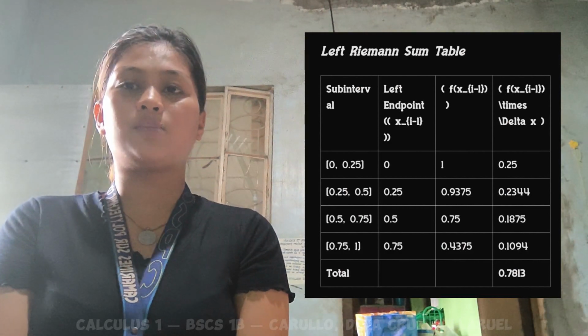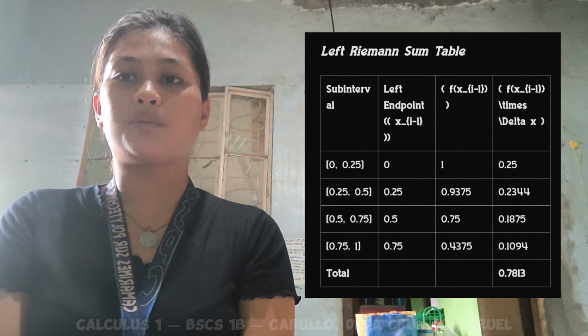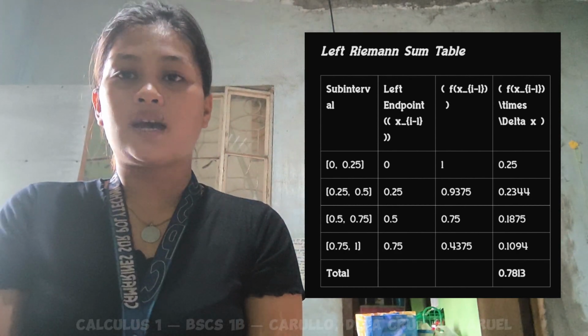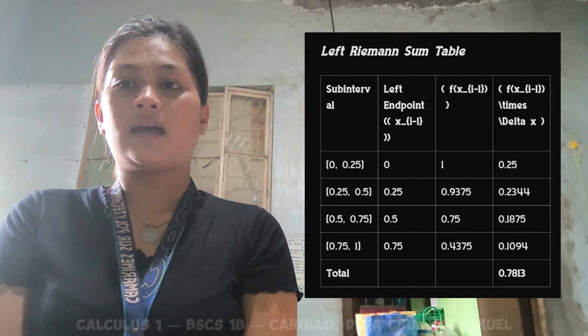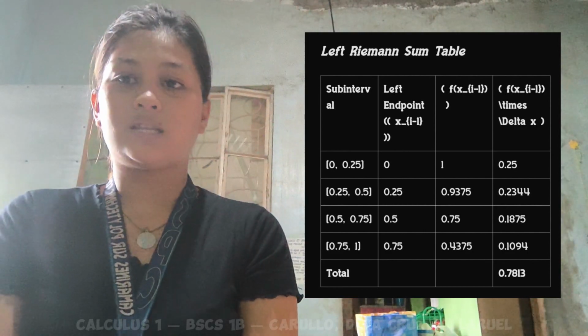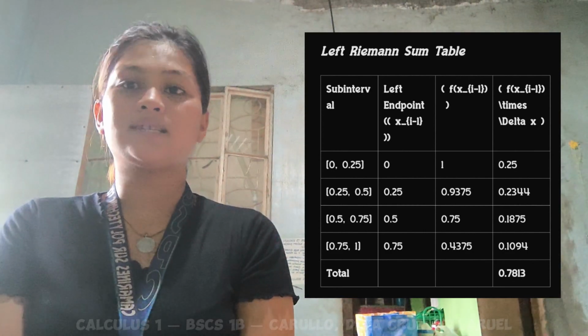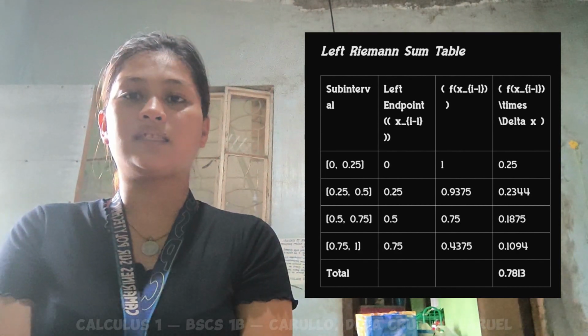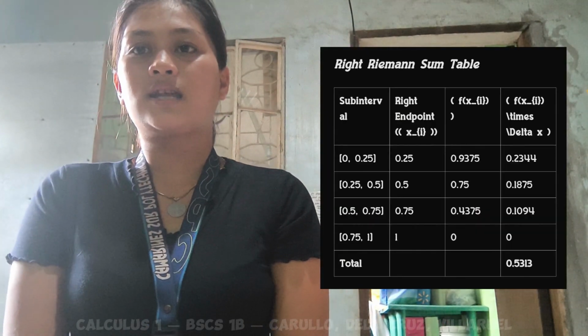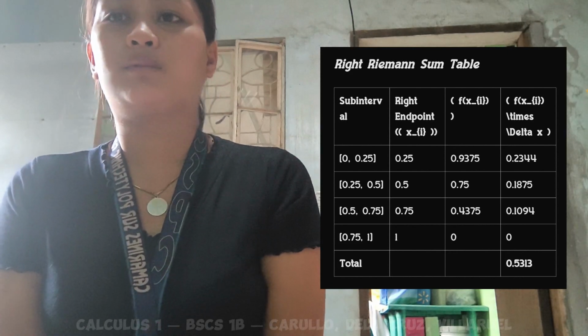Left, right, and midpoint endpoints. Left endpoint x of i minus 1. For the left Riemann sum, we use the left endpoint of each subinterval as the sample point. The left endpoint for the i-th subinterval, x of i minus 1, equals a plus (i minus 1) times delta x. Right endpoint x of i. For the right Riemann sum, we use the right endpoint of each subinterval as the sample point.